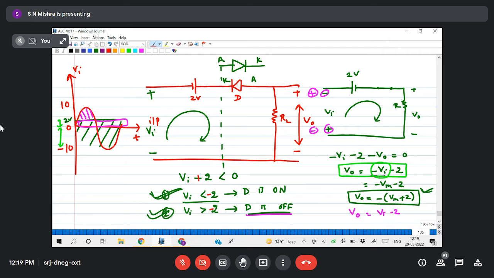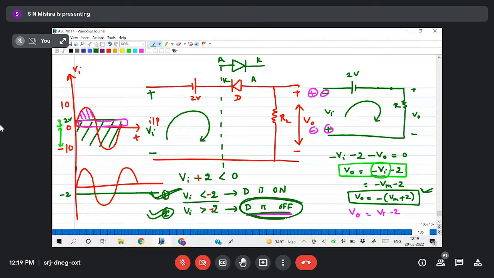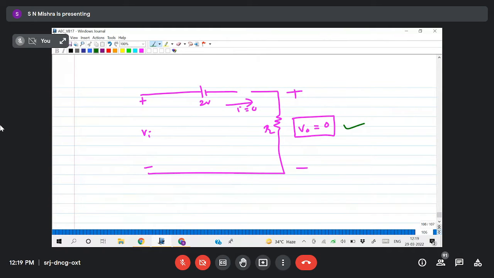yes sir. So how the waveform will look, I will show you here. You can see how we get. So first we have to take this line -2. Okay, so whenever it is less than -2, it is on. Greater than -2, reverse bias means off. So greater than -2, off means output voltage, diode is open like this, and I'll get 0 voltage.